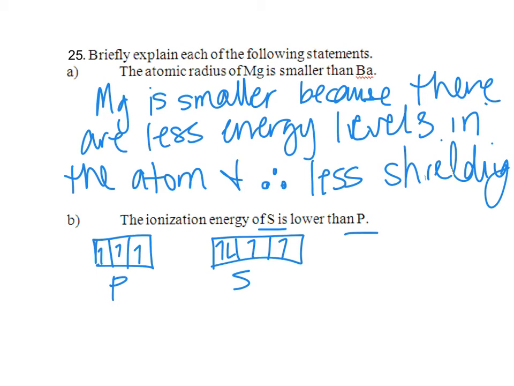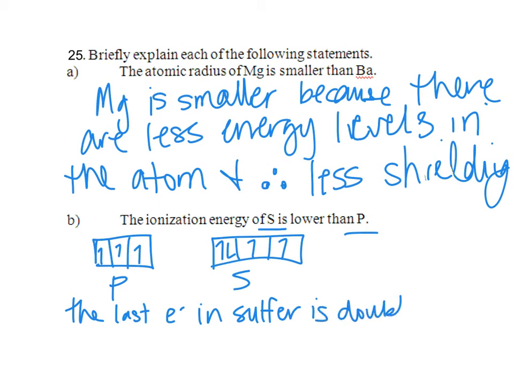So what you can then do is explain the last electron in sulfur is doubled up in a p orbital.